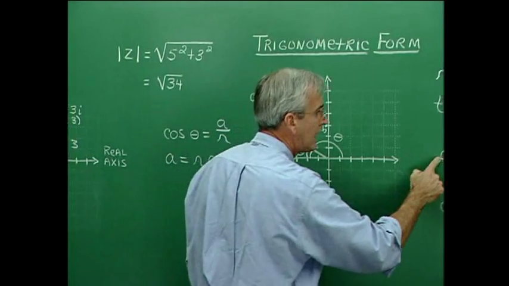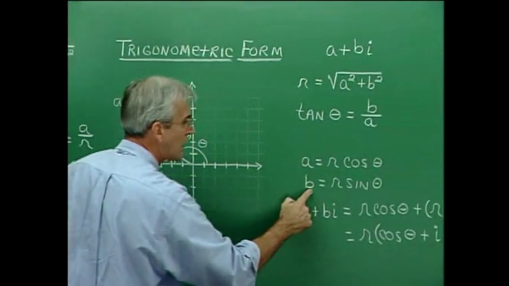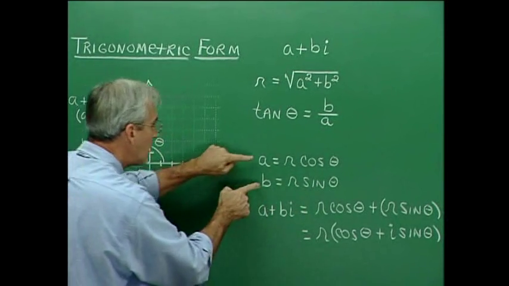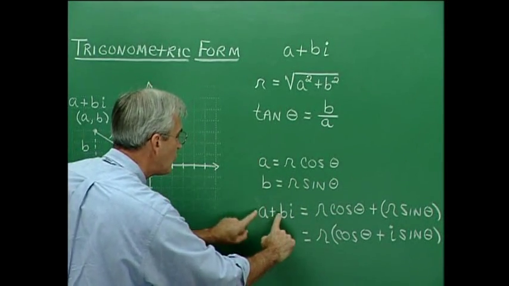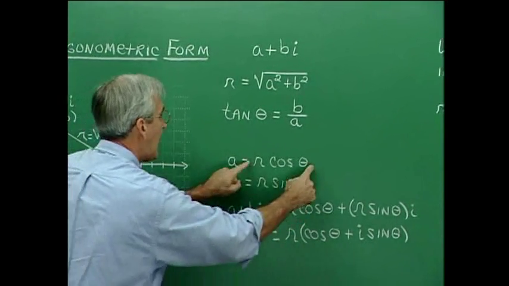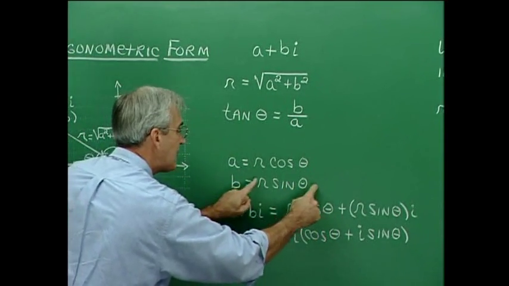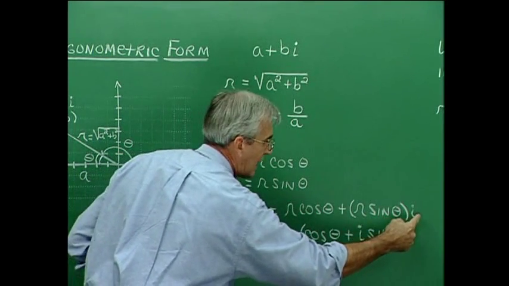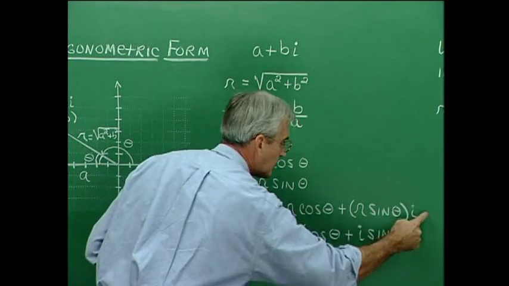So a is calculated as r cosine theta, b is calculated as r sine theta, and then we can put our a and b into the complex form. So a plus bi would be a plus b times i. Now normally the i is not written as a coefficient way out here.